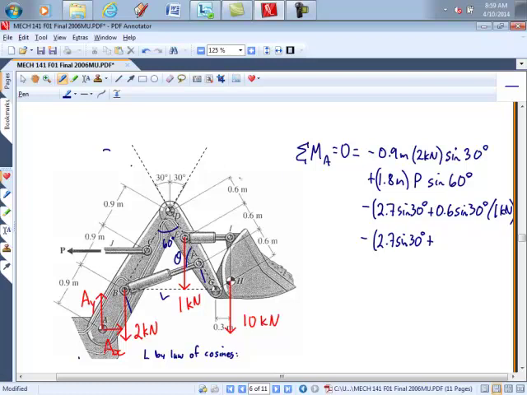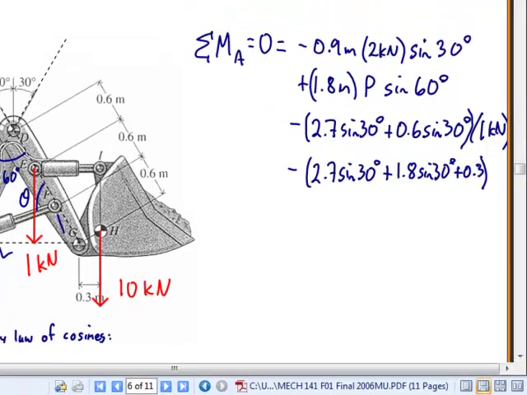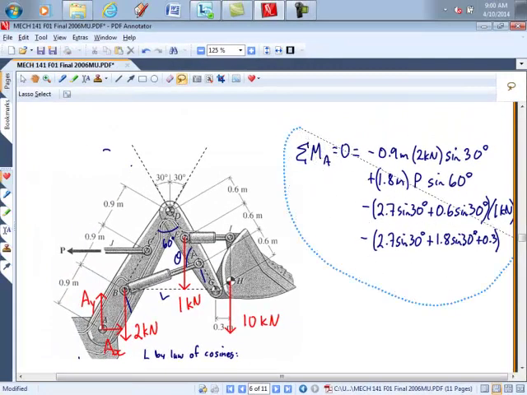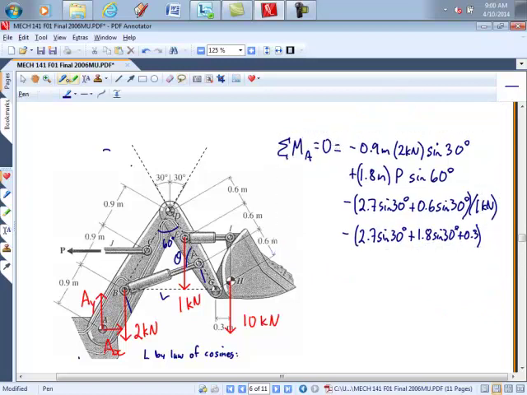This is going to be 1.8 sine 30. And then plus this 0.3 at the end. And that all has to be multiplied by, I'm just going to move that over just a bit, 10 kilonewtons.